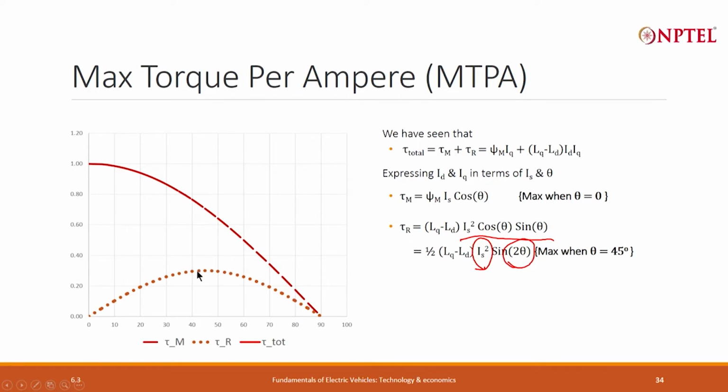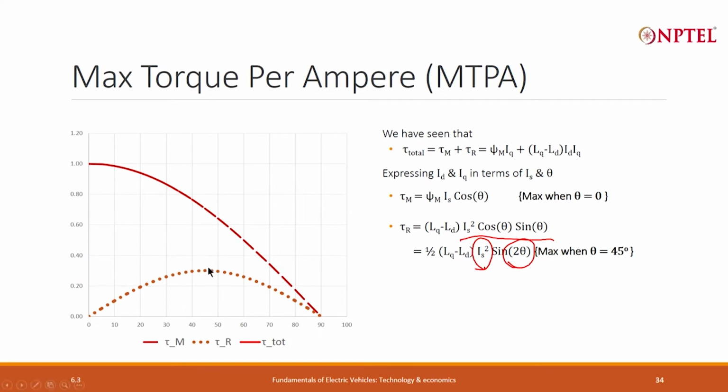If I try to maximize the reluctance torque, I will be here, this value is something between 0.2 and 0.4, and this value for that angle 45 degrees is something between 0.6 and 0.8. So, this is 0.7, this is 0.3. If I add it, I will get 1, but actually I will not get 1. I am doing only approximate visual addition. If I actually add it, I will get something less than 1.